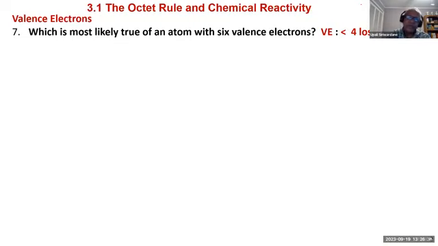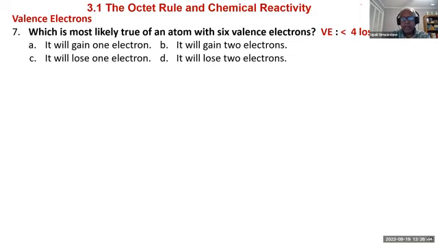Which is most likely to be true of an atom with 6 valence electrons? If an atom has 6 valence electrons, it's greater than 4.